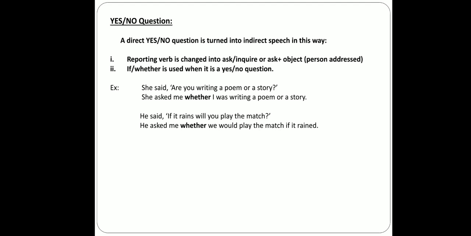Here, what happened? We have added the word whether to remove the interrogativeness in the sentence. Second one, he said, "If it rains, will you play the match?" He asked me whether we would play the match if it rained. Okay.